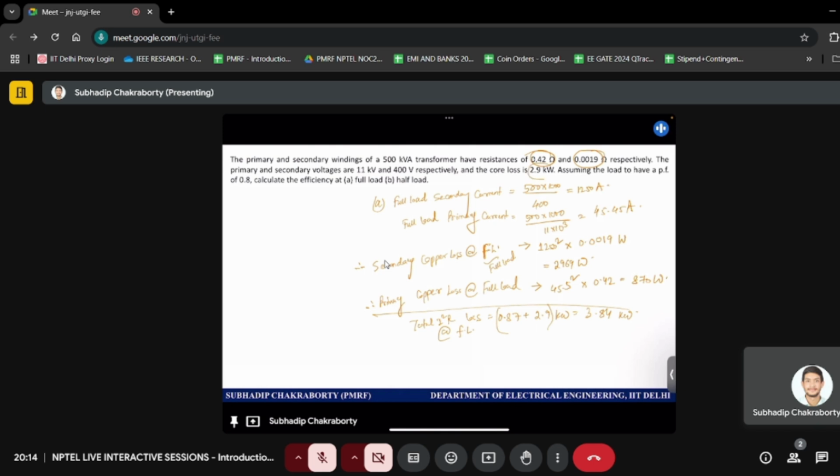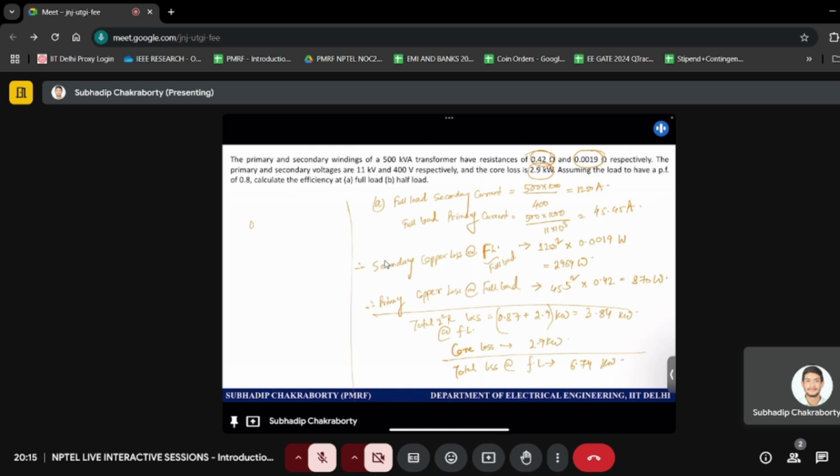But they have also given a core loss, right? Core loss is 2.9 kilowatts. 2.9 plus 3.84 gives us the total loss at full load as 6.74 kilowatts.